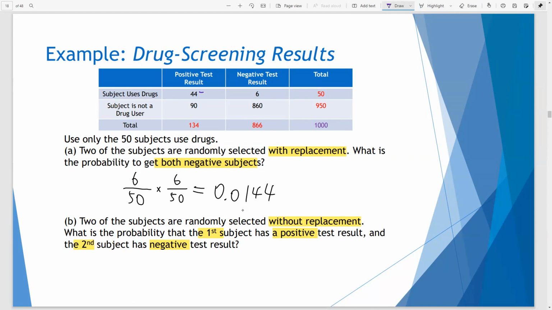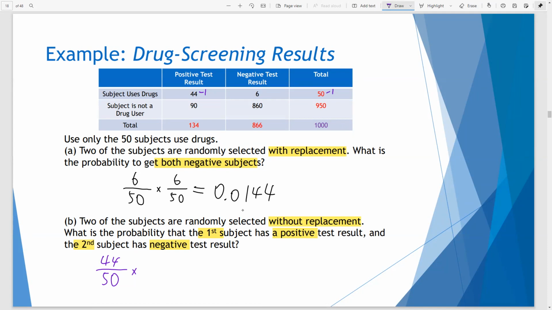So that's positive deduct by 1. So we get 44 possible to be chosen out of 50, right? So after being chosen, but we don't put the subject back, that's going to be 43 subjects for the positive result, 6 subjects for the negative test result, and total 50 subjects.